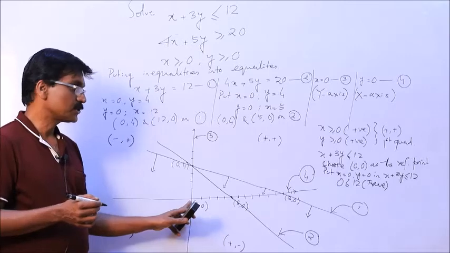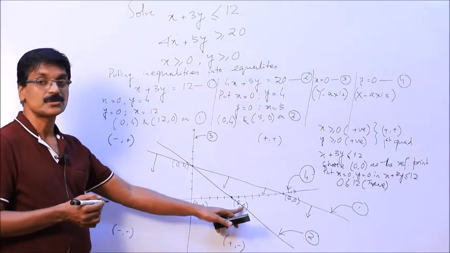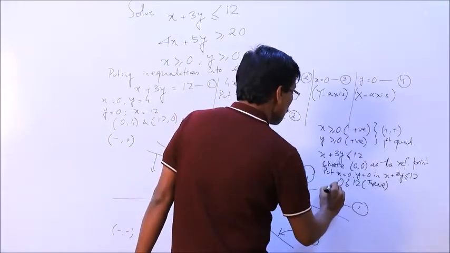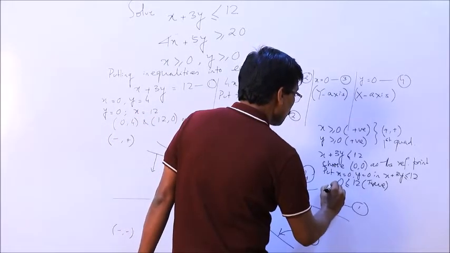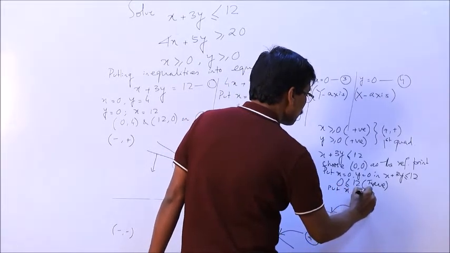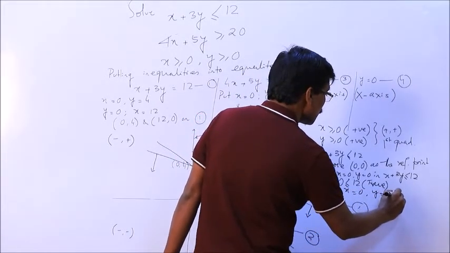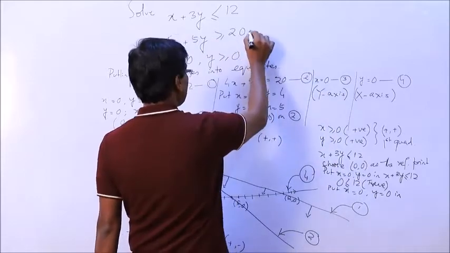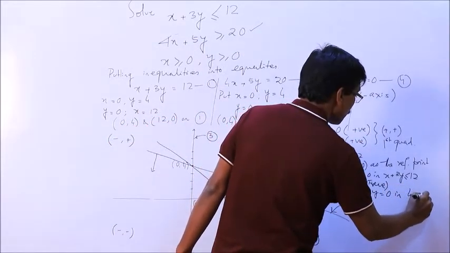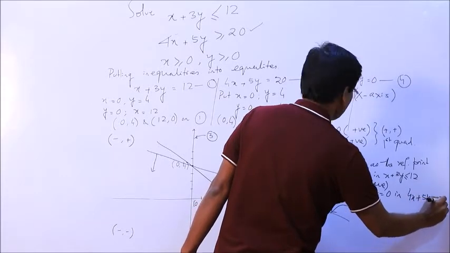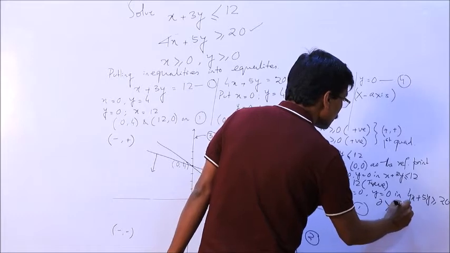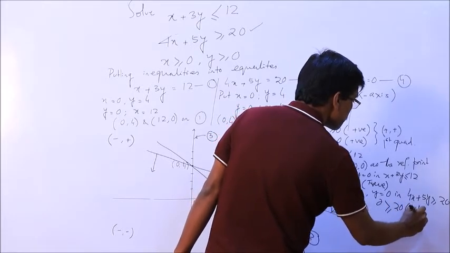Again 0, 0 is not on equation 2, the second line. So, if we put x is equal to 0 and y is equal to 0 in the second inequality, that is 4x plus 5y greater than or equal to 20, that is 0 greater than or equal to 20, it is false.